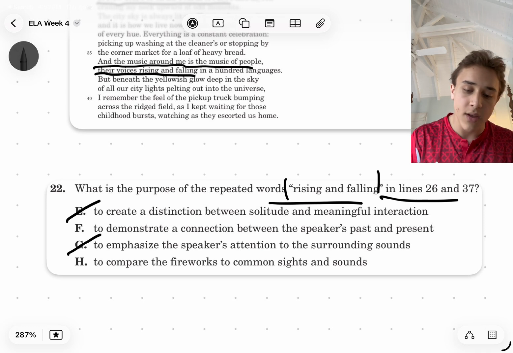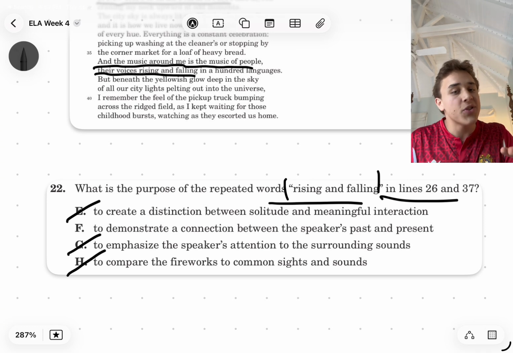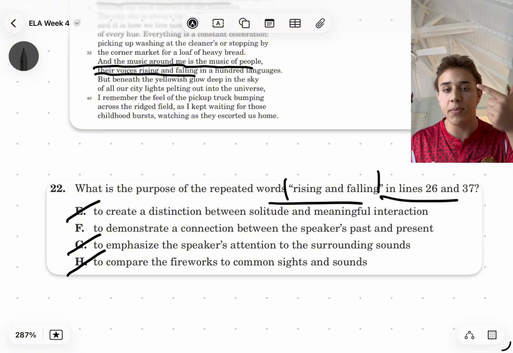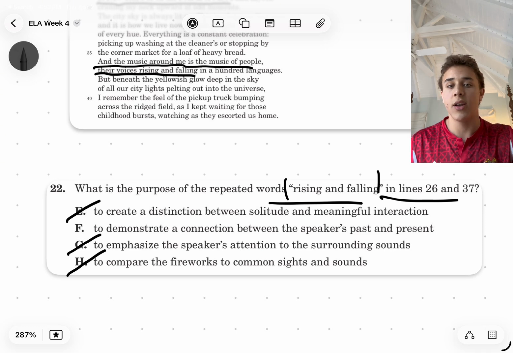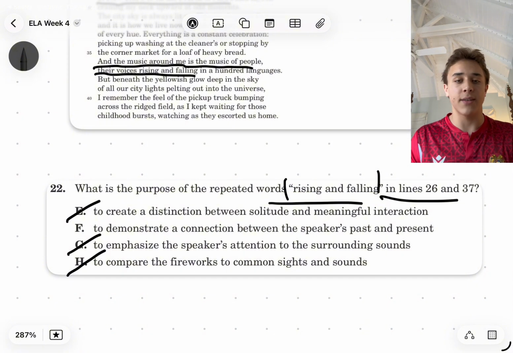So it's not G. And H, fireworks are never mentioned. When rising and falling specifically refers to crickets and people at this festival that the author's at. It's not used to compare fireworks to anything, and it's not even related at all to fireworks. This rising and falling doesn't mention fireworks at all.